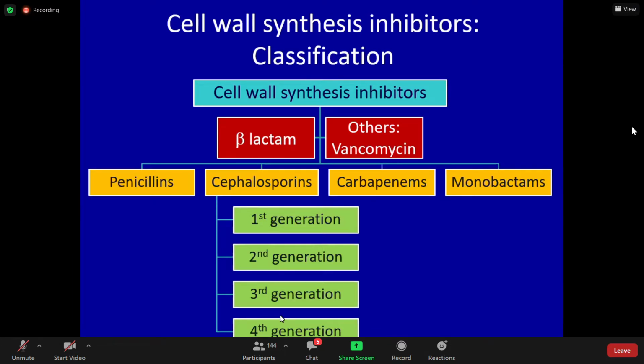We'll discuss one by one what the differences are. So is that clear up to now? Beta-lactam, non-beta-lactam, and one drug in non-beta-lactam, vancomycin. All others are beta-lactam cell wall synthesis inhibitors: penicillins, cephalosporins, carbapenems, and monobactams, and four generations of cephalosporins.